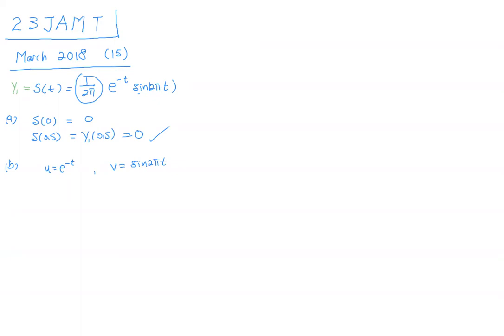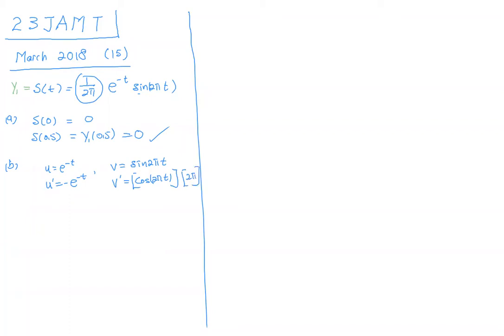So u prime equals negative e to the power negative t, because the derivative of negative t is -1. For v prime, differentiate sin, you get cos, then you have to times by the derivative of the angle, that is 2 pi.